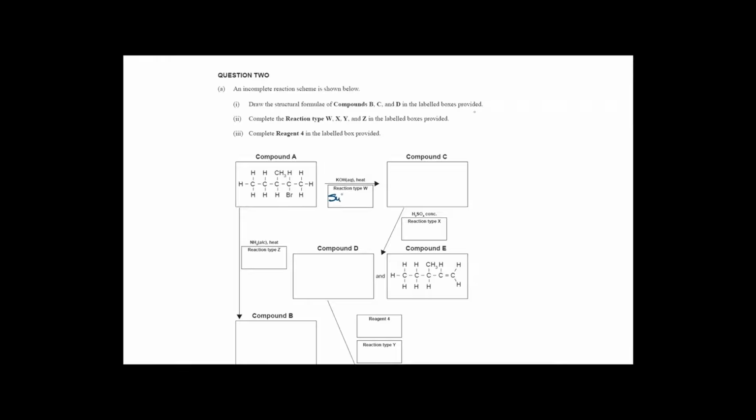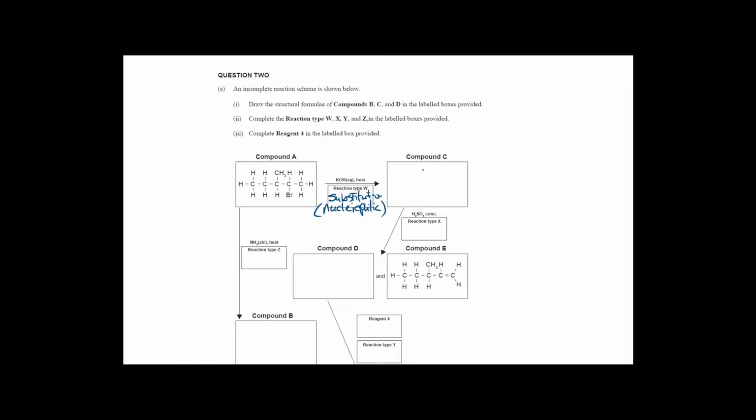This is going to be a substitution reaction. What is this going to do? So the bromine, what's going to happen here? So this is going to be nucleophilic substitution.